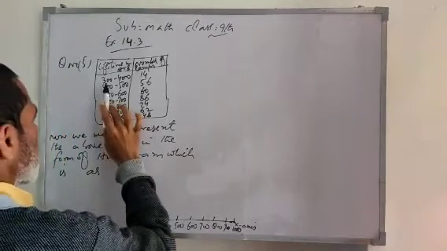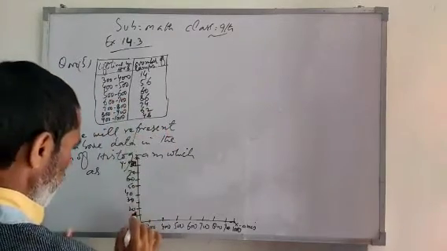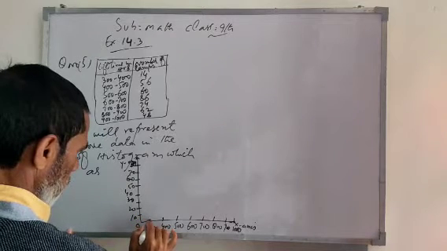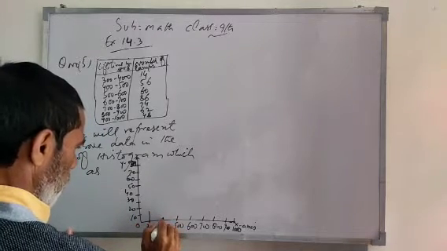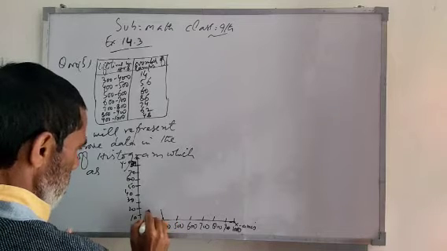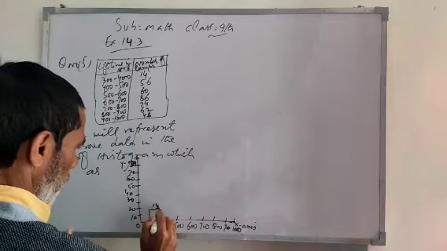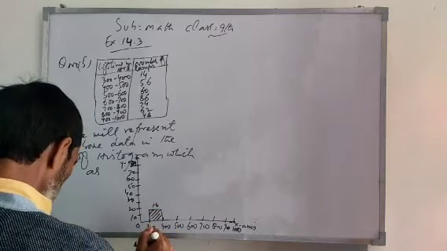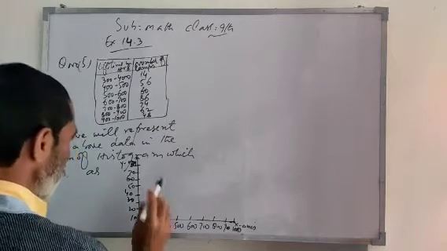Now first class shows 300 to 400, 14. This is 14. We will present this 14. 400 to 500 is 56.